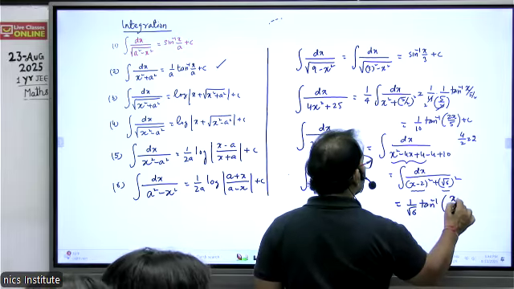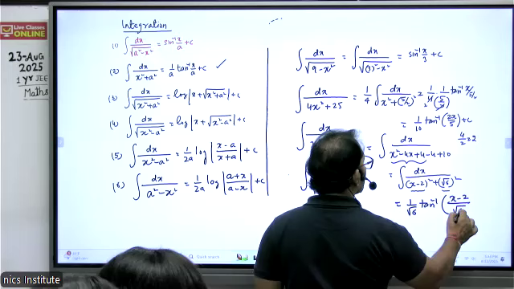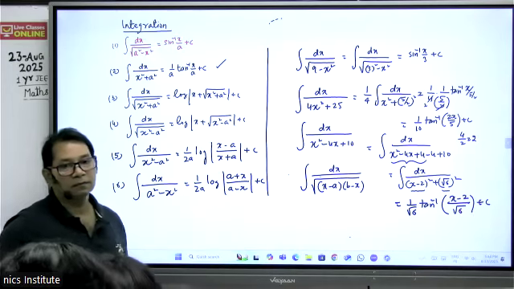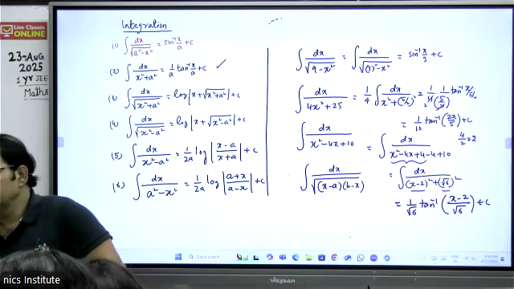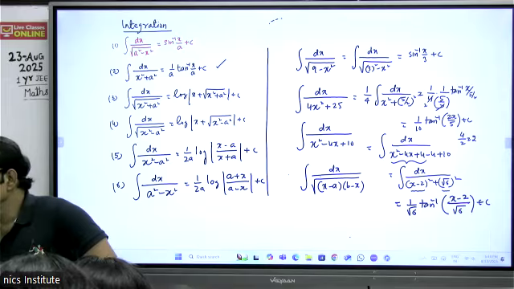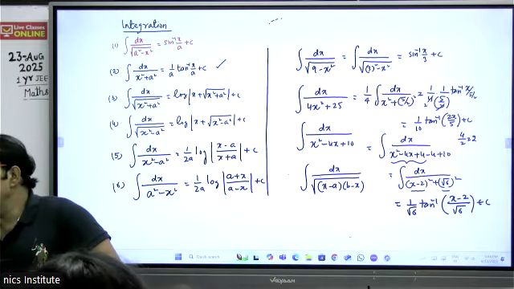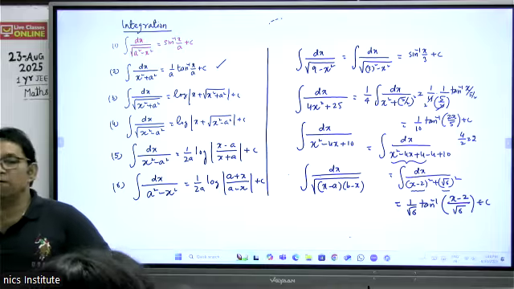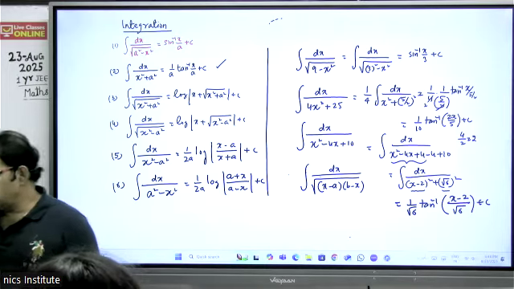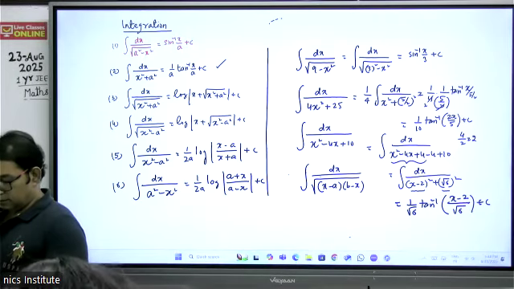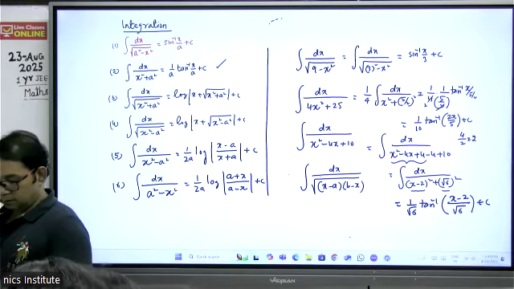In place of x, you have x minus 2 by a, which is root 6. In the next question, first you multiply them, then convert into perfect square. First you multiply and then convert into whole square.